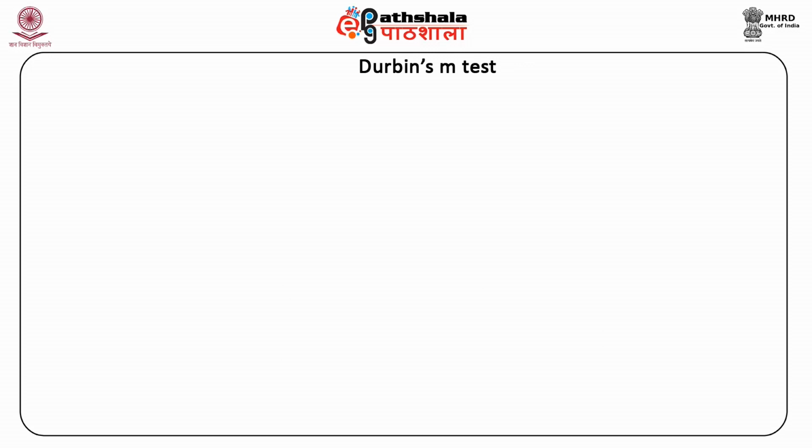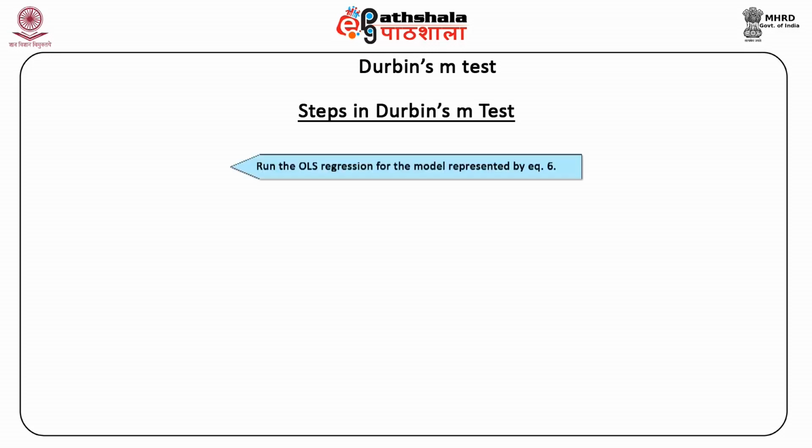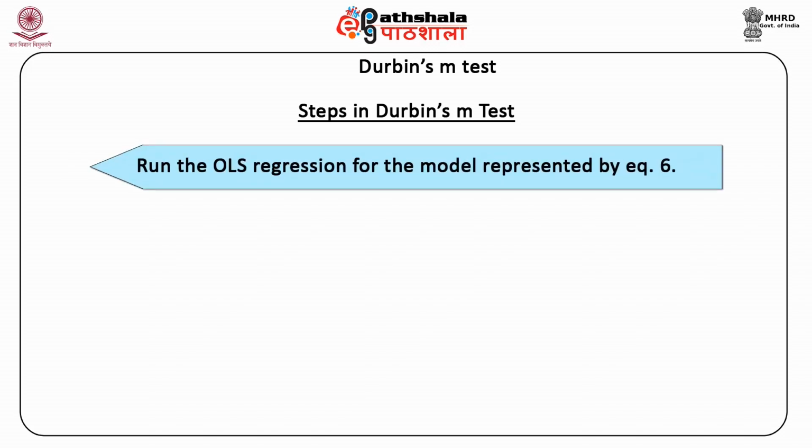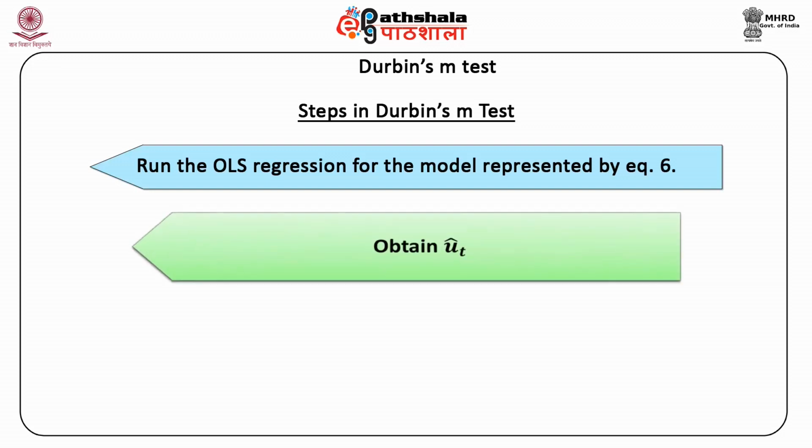Durbin's m test. Durbin in 1970 suggested the m test to overcome the limitation of the h test. The steps involved in Durbin's m test are as follows. First, run the OLS regression for the model represented by equation 6. Second, obtain ut hat.